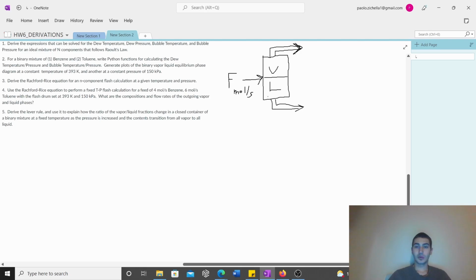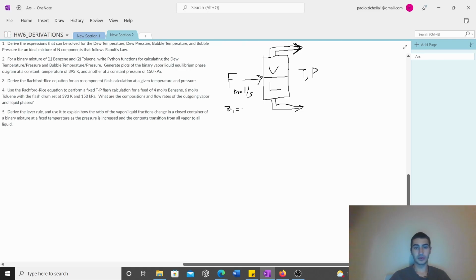So we have this flash drum at a set temperature and set pressure, and we have a quantity of F moles going in, and we know that the mole fraction for this is 0.4.